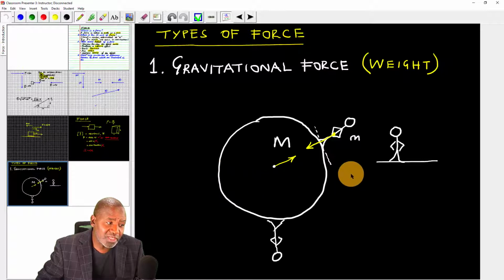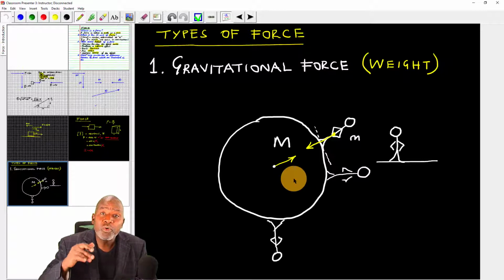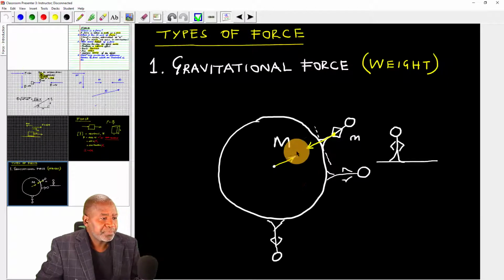Or on this other side of the same planet, this person here views this to be upwards and this to be downwards. So the concept of upwards and downwards is relative. It depends on where you are. What is upwards to you is not upwards to another person on the other side of the planet. It may appear to be downwards altogether.